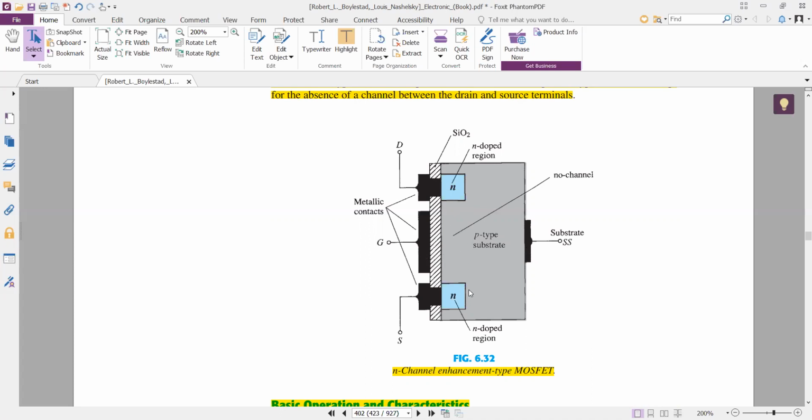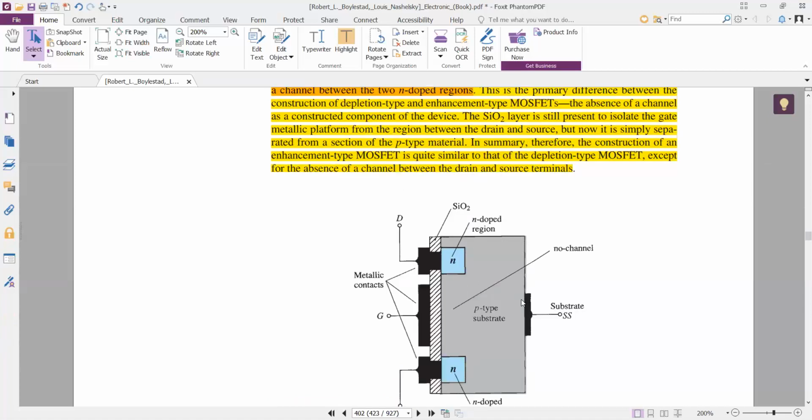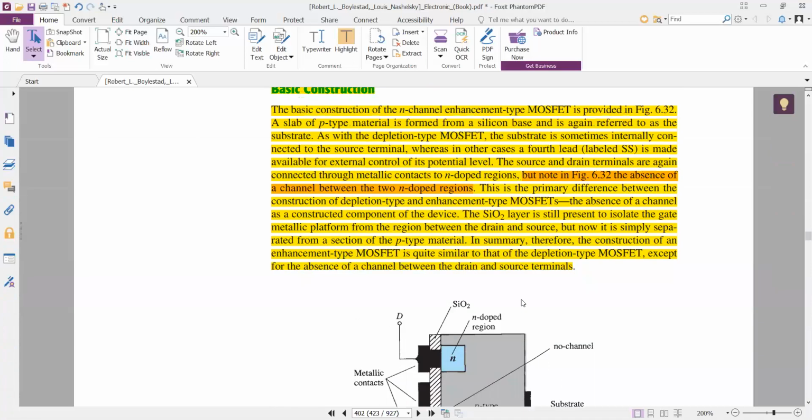In JFET and depletion type MOSFET, a channel is already present through which drain to source current can flow. But in this case, there is no channel. This is the main difference in the construction of depletion type MOSFET and enhancement type MOSFET.